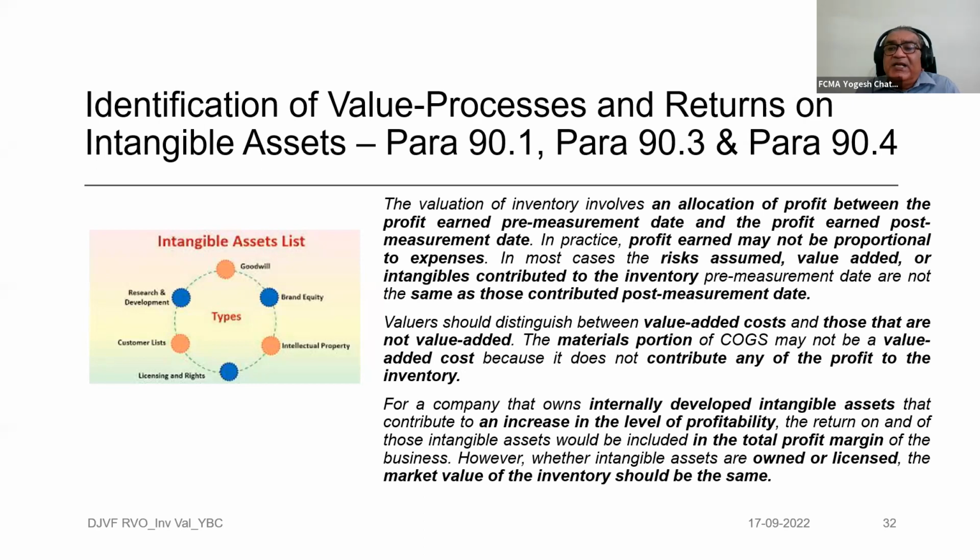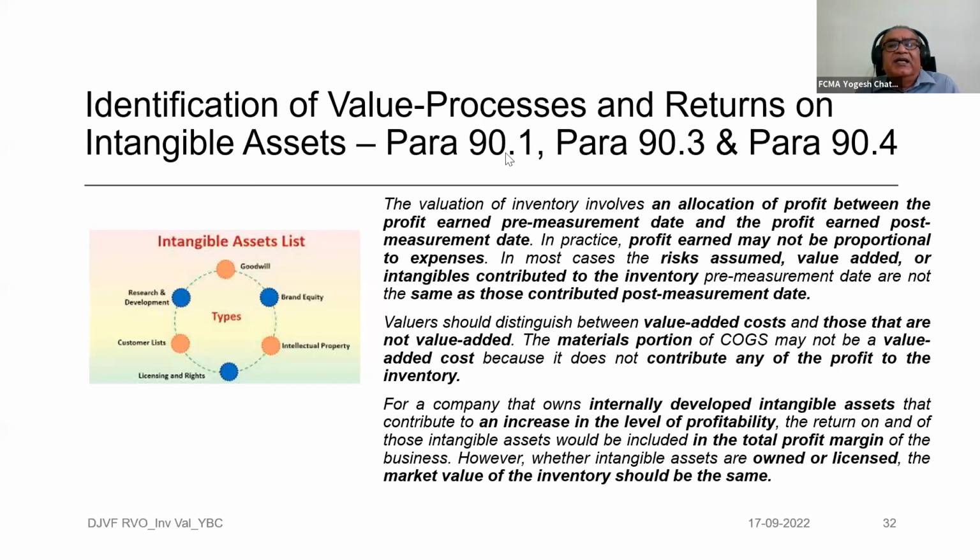They are many times not concerned about the value. So loyal customer is a factor which adds to the profitability of a company, and the customer list is a type of intangible. So that allocation is also a very important and challenging role for the valuer.